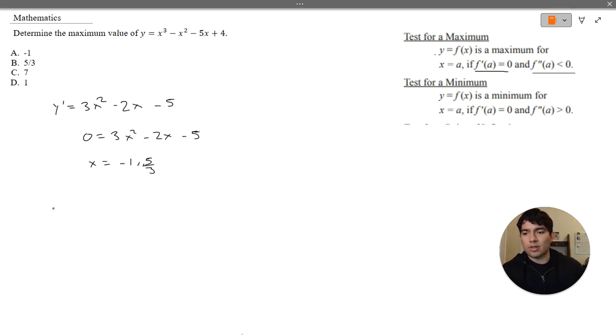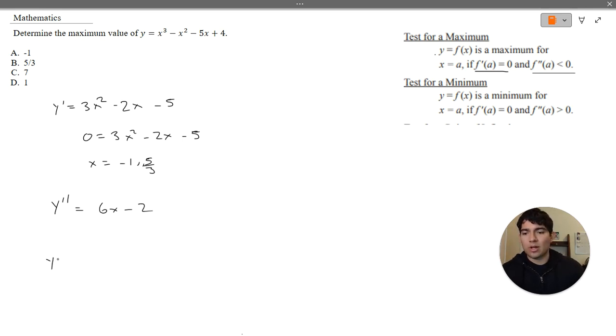First thing we need to do is take the second derivative of our function. Since we have our first derivative, we can just take the derivative of that, and it's going to be 6x minus 2. So what we need to do is plug these two values into our second derivative function.